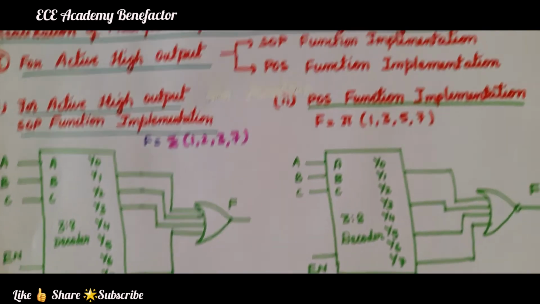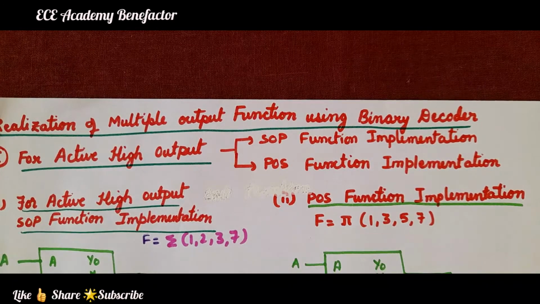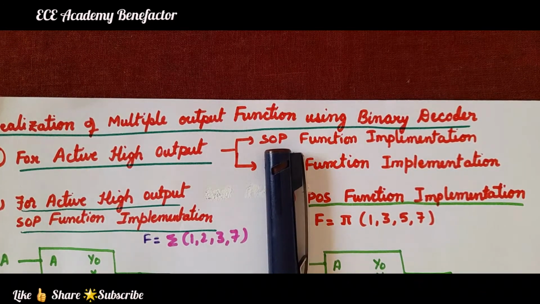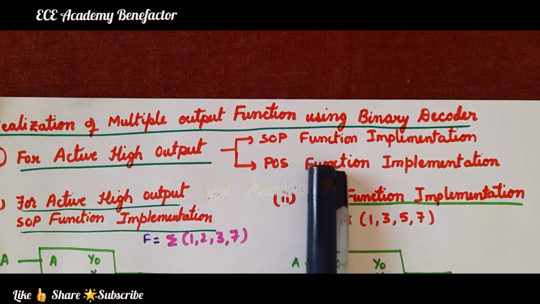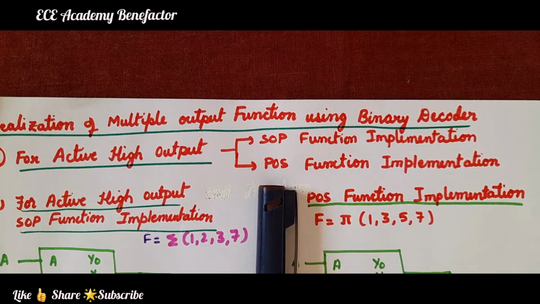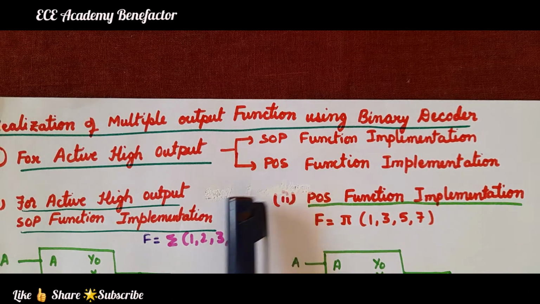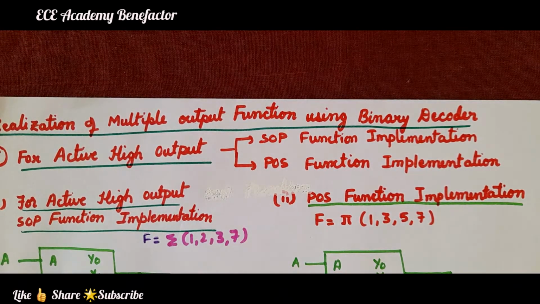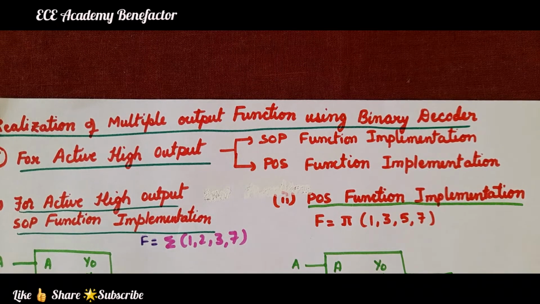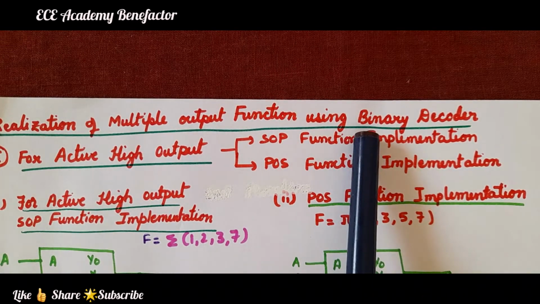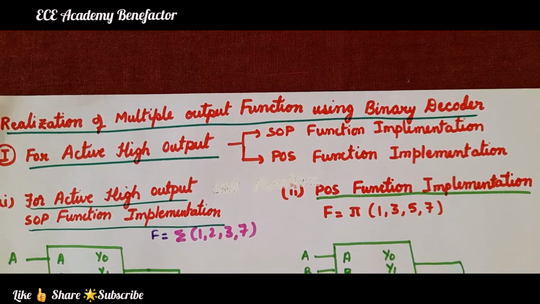Again, in active high output we can have the function in SOP form, that is sum of product form, or the function can be in POS form, product of sum form. So, what is the topic today? Realization of multiple output function using binary decoder. How many conditions are possible?